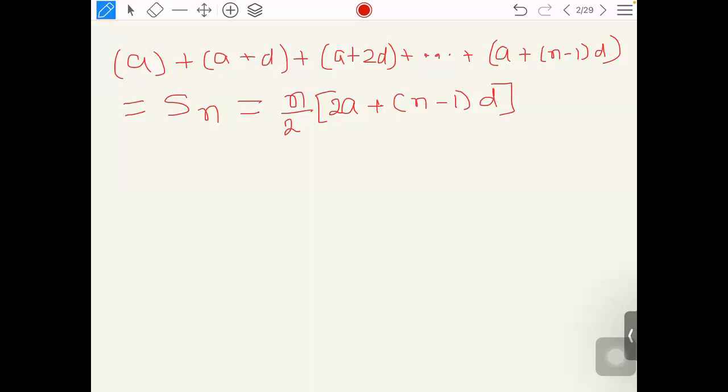If the sum of three terms is given to us, then we take the three terms as a minus d, a, and a plus d, such that if we add them together, d will get cancelled out and we will get 3a.